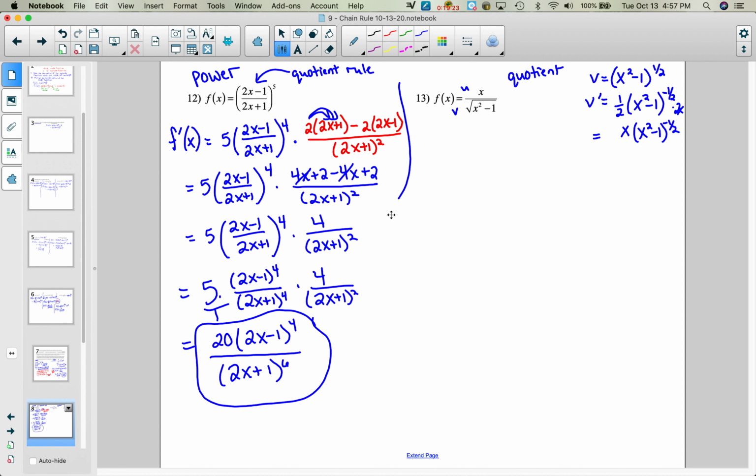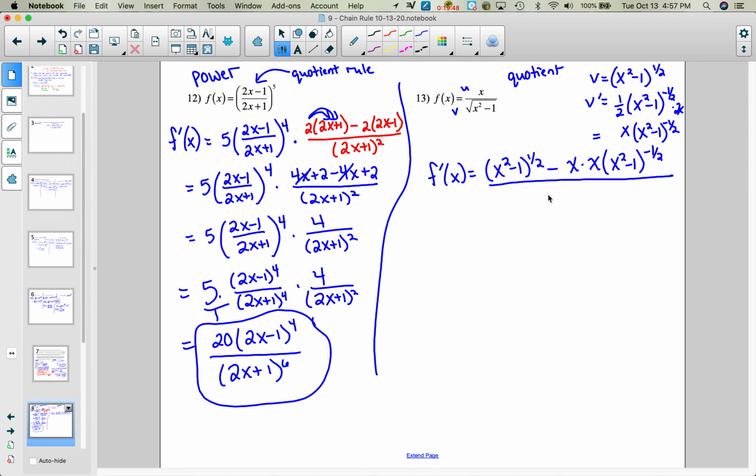So f prime of x is u prime v, so it's going to be 1 times (x squared minus 1) to the 1/2 power. So we have u prime v minus u v prime, all over v squared. Well, that's interesting.